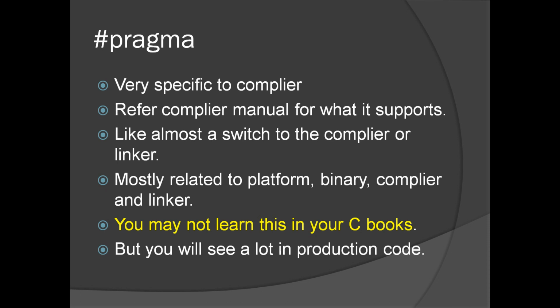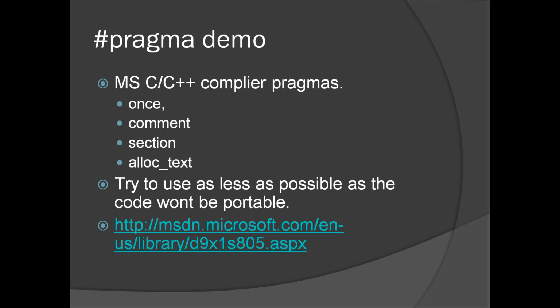You will see a lot of hash pragma in production code. We are discussing some of the Microsoft-specific hash pragmas. I'm not going to explain each and every one of them. Hash pragma once, hash pragma comment, hash pragma section, alloc text are examples.